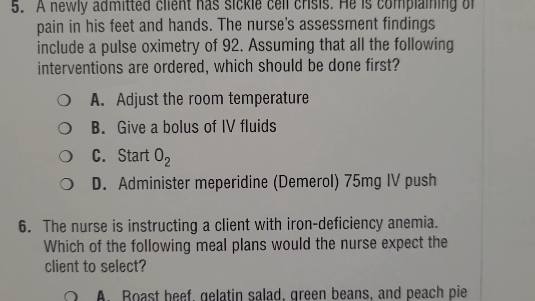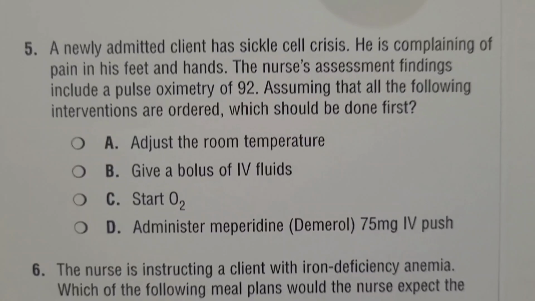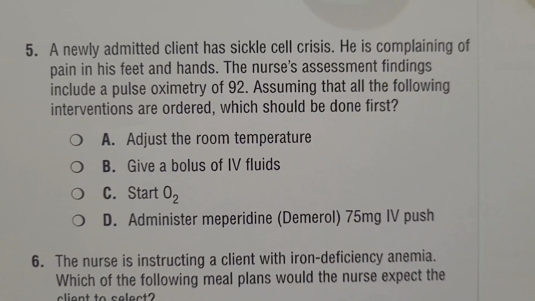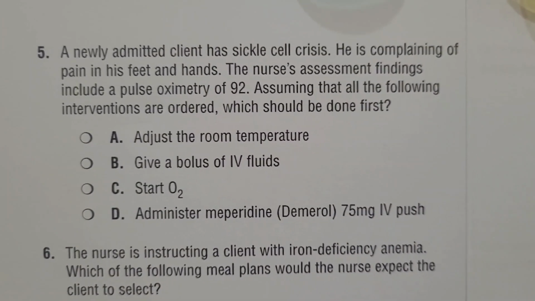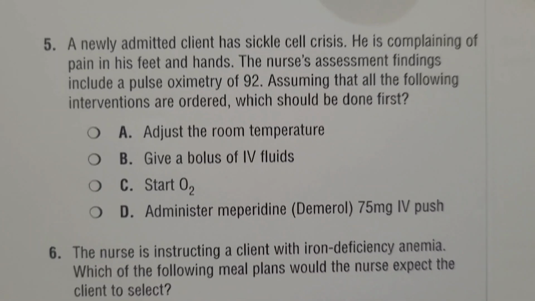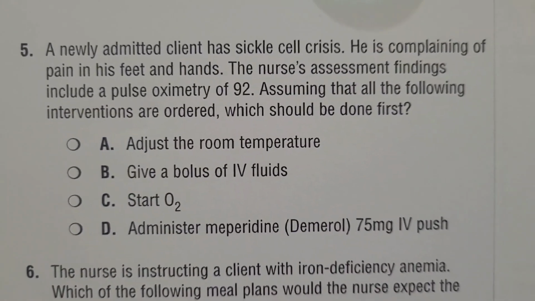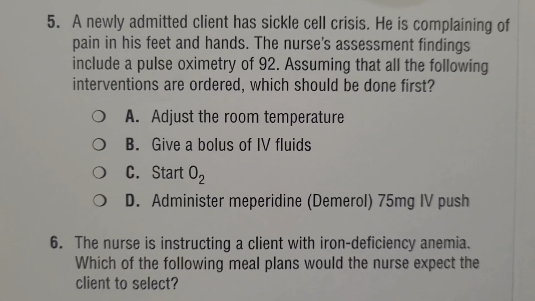This is not good for sickle cell crisis, because it will increase the sickling. So option D is also incorrect. Our correct option is start oxygen. And always think about A, B, C, the airway, breathing, circulation. Thinking about the ABCs, our correct option is C, start oxygen.